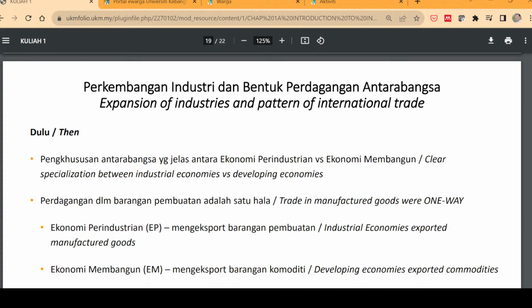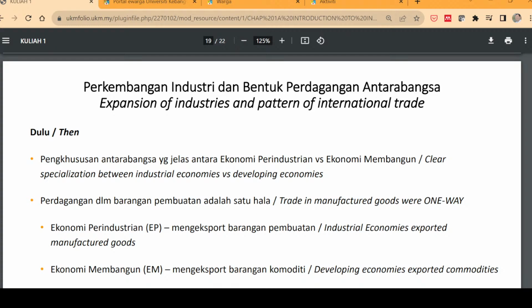On the other hand, for the developing countries to purchase the manufactured goods, developing countries exported commodities. So that's how it was, the pattern of trade.